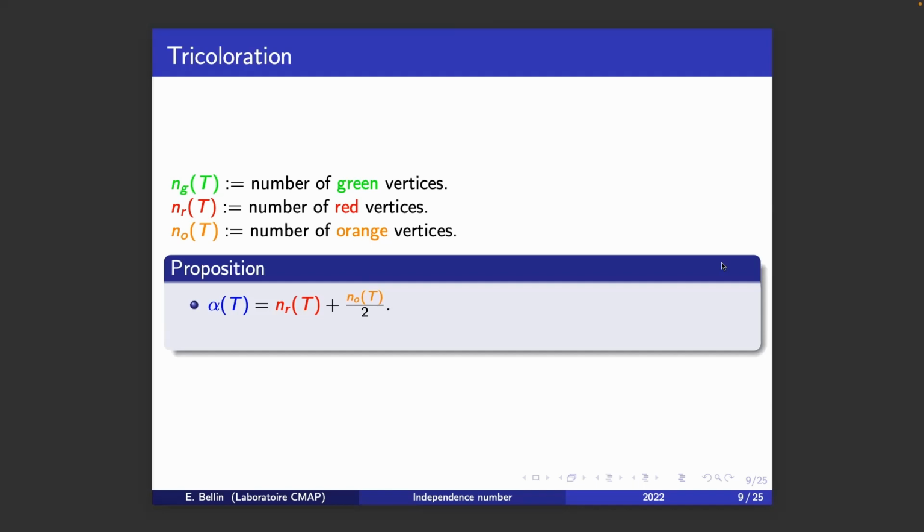It means that if you want to construct a maximal independent set, you can take all the red vertices and take half of the orange vertices. Notice that it works only for trees. In general graphs, everything fails. But in trees, we have this nice formula.